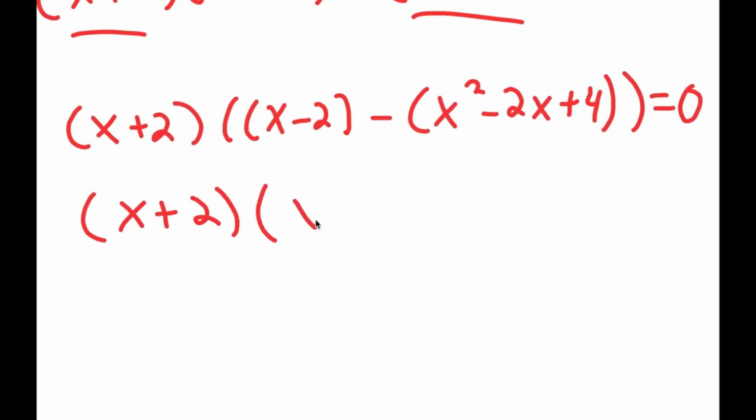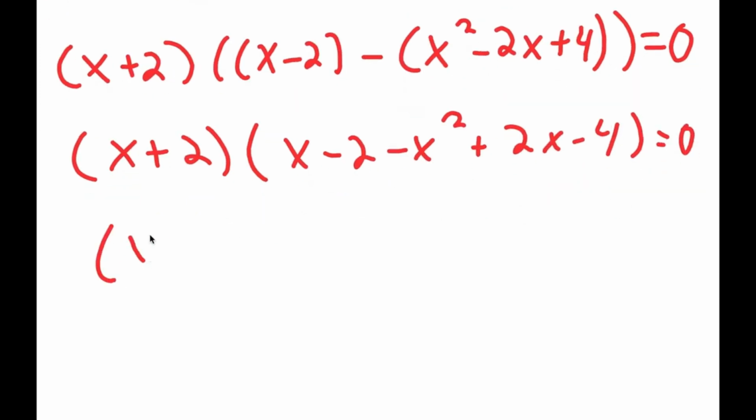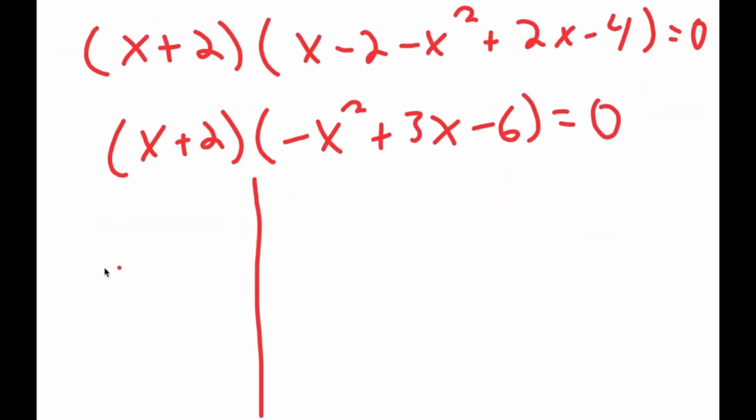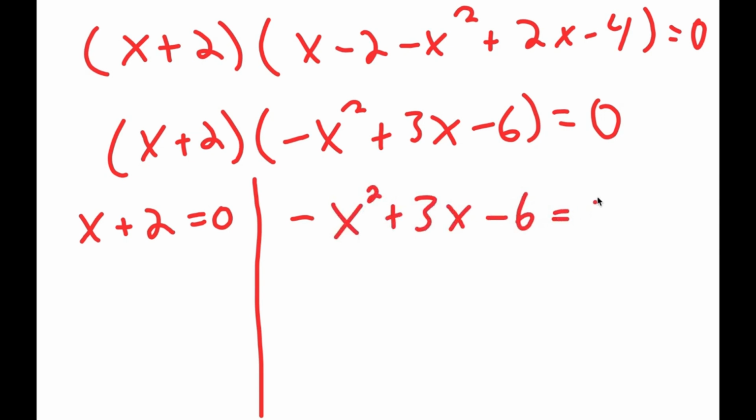I get x minus 2 minus x squared plus 2x minus 4 is equal to 0. And if I add all the like terms, I get negative x squared plus 3x minus 6 is equal to 0. So now this gives me two equations. I get x plus 2 is equal to 0, and I also get negative x squared plus 3x minus 6 is equal to 0.